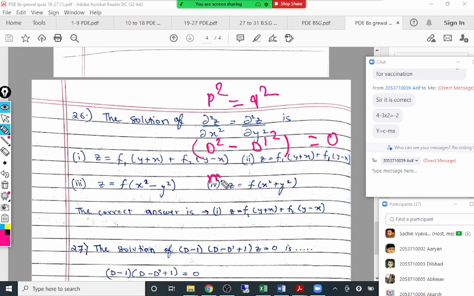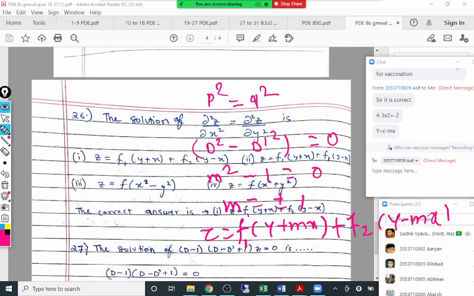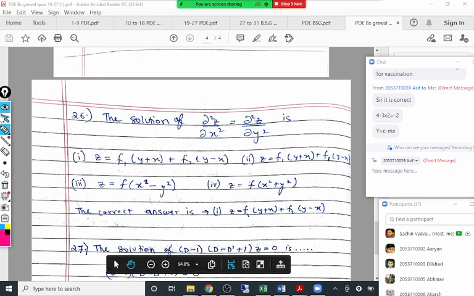So d square is m square minus 1 equal to 0, so m is plus or minus 1. As m is plus or minus 1, z equal to f1 of y plus mx plus f2 of y minus mx. So that is the solution there. Good, that's the correct answer, which is written correctly here.